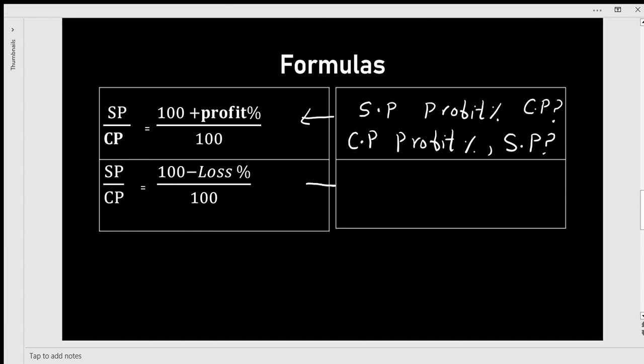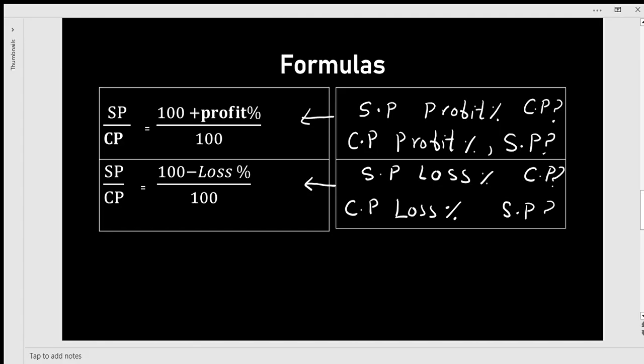Similarly, when selling price and loss percentage is given, then you can find cost price, correct? And when cost price and profit or loss percentage is given, you can find selling price.